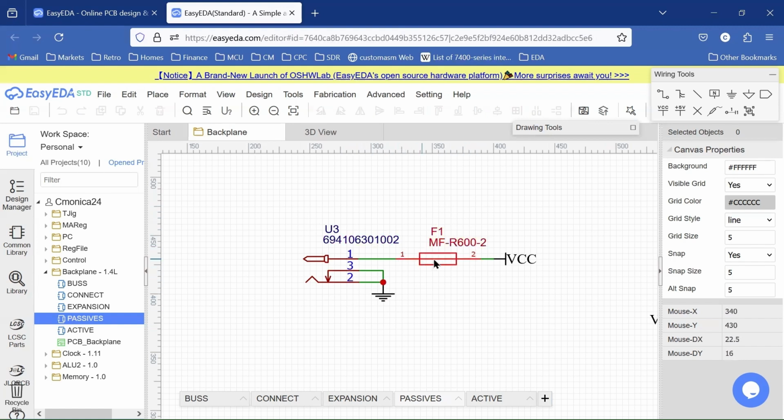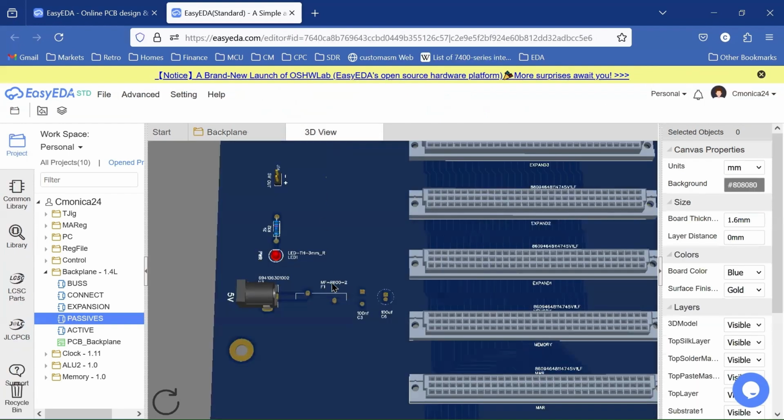So my plan is to use the inrush thermistor in place of the resettable fuse, and then when the time comes and I build an external power supply, we will either use the resettable fuse in the power supply, or I'll just use an inline fast blow 6 amp fuse. But that's my plan. So we are going to use this spot here for our inrush thermistor rather than our resettable fuse.